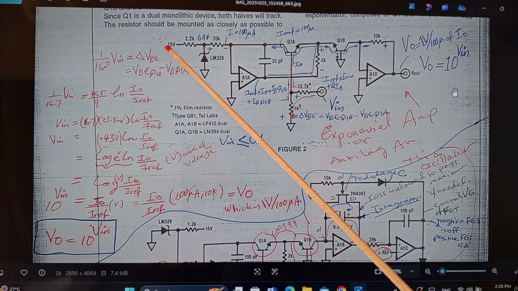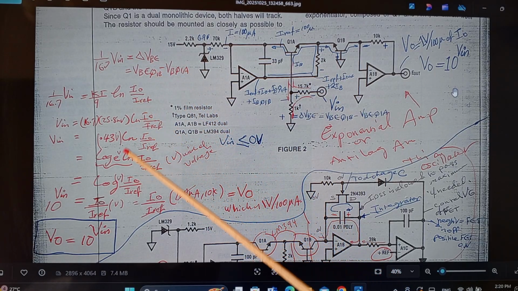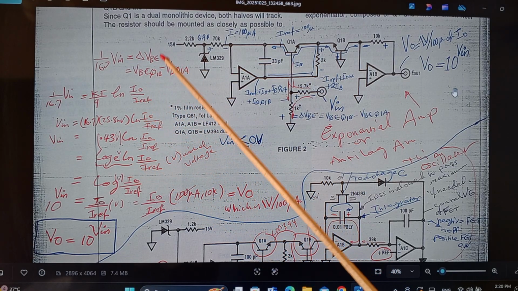And in here you see a few derivations. Save the derivations if you are interested in more of these numbers. I have about 20 lectures on transistors before, and this is the fourth of the anti-log. You can go back to these lectures in case you are missing some of the information, so I can't keep repeating myself.